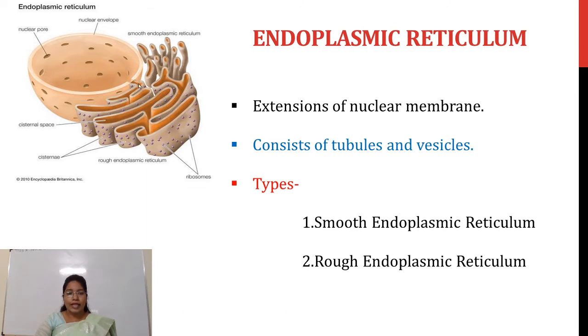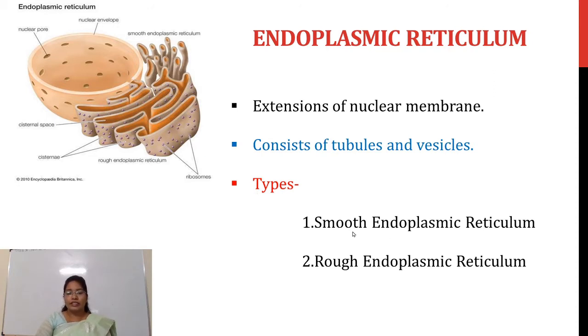It consists of tubules, vesicles, and also cisternae. There are two types of endoplasmic reticulum.